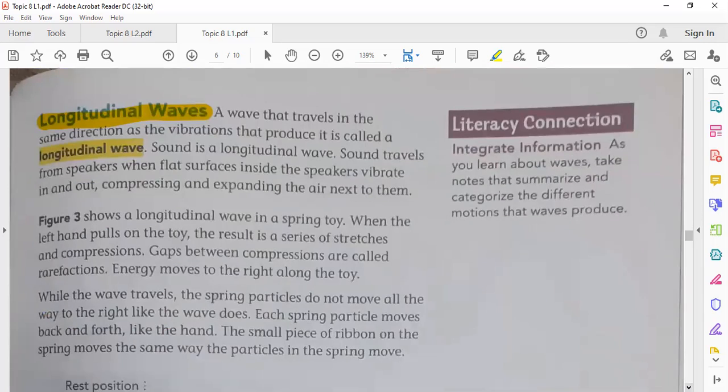Now the second type of waves is called the longitudinal waves. Longitudinal waves are different from transverse waves in that the wave travels in the same direction as the vibrations that produce it.